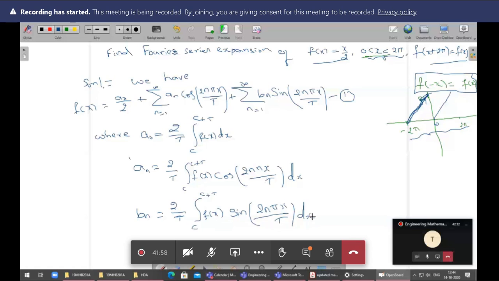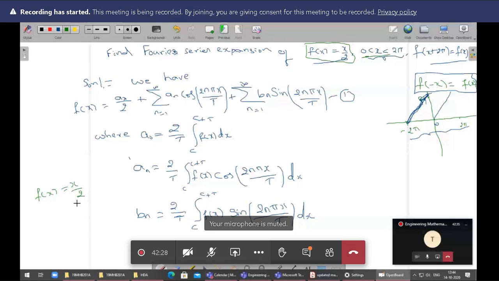So these are the coefficients, and now we have the given terms. The given function is x by 2, so we have to note that f of x is x by 2, and for the interval, c, the starting value, is 0 and the period is 2 pi.